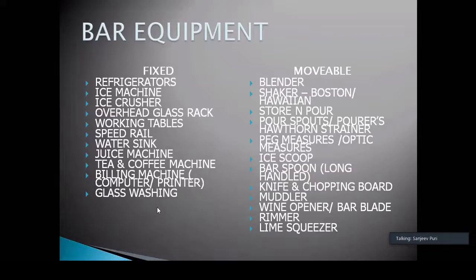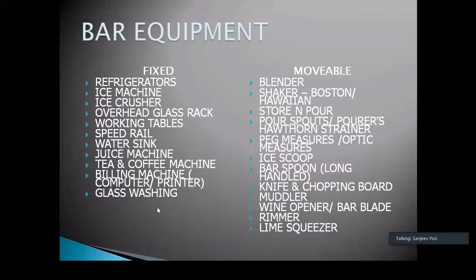Then you have the speed rail. Speed rail is one part of the equipment that consists of a niche which contains the fast-moving beverages or the alcohols, also known as the house brands or the call brands. The house brands or the call brands are the brands that are used for preparation of cocktails, first of all.